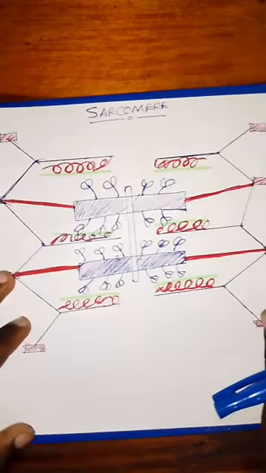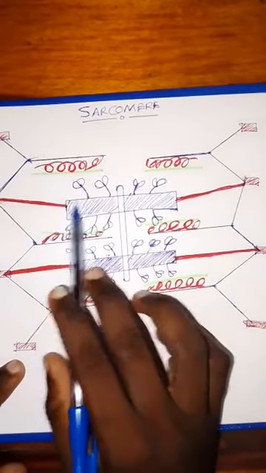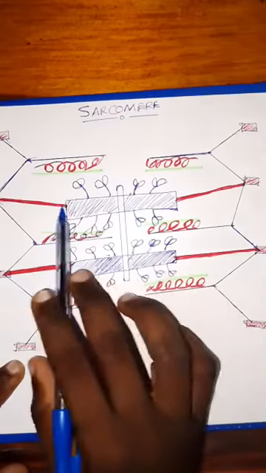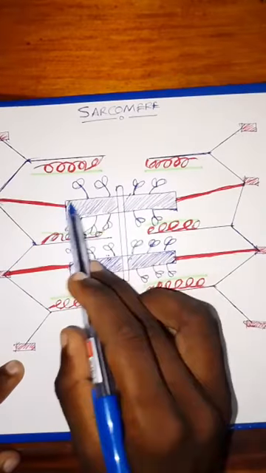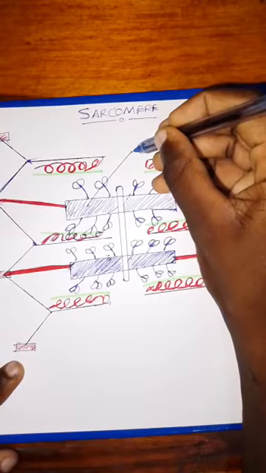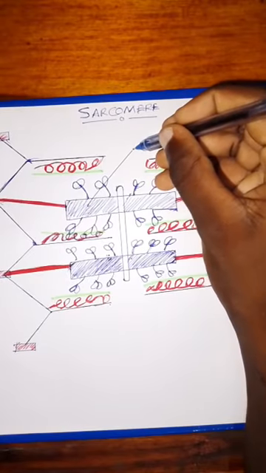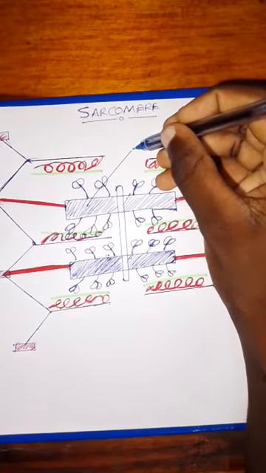Have you seen this big block here in the middle? This big block has a name. This is the thick filament.